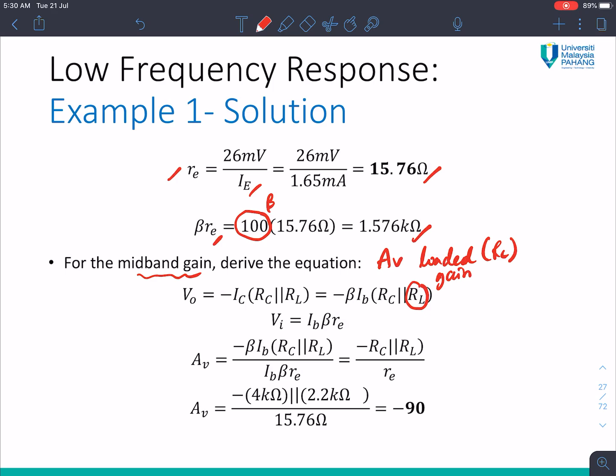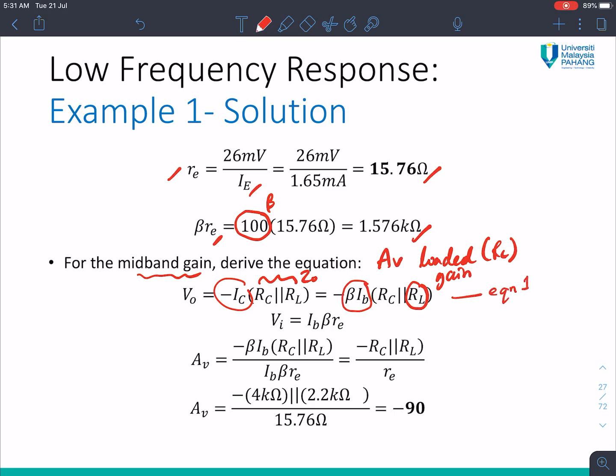At the output side, this is the Z out. V out is equal to negative IC multiplied by RC parallel RL, and IC is equal to beta IB. This is equation 1.